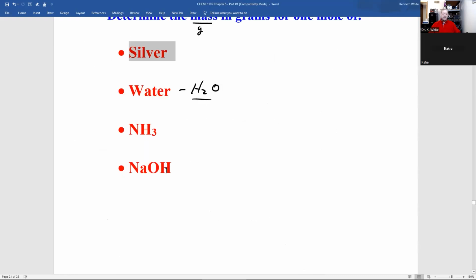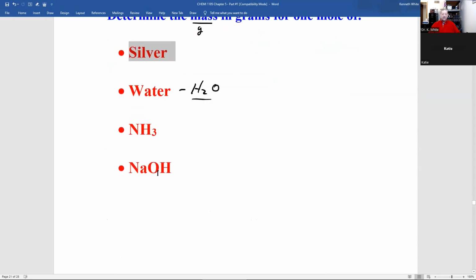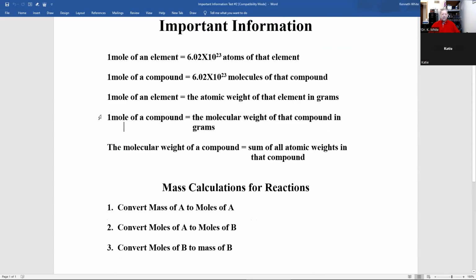So, and sodium hydroxide, we calculated earlier, the molecular weight of sodium hydroxide is 40.0. And what would 1 mole of sodium hydroxide weigh? 1 mole of a compound equals the molecular weight of that compound in grams, and the molecular weight is the sum of all atomic weights.